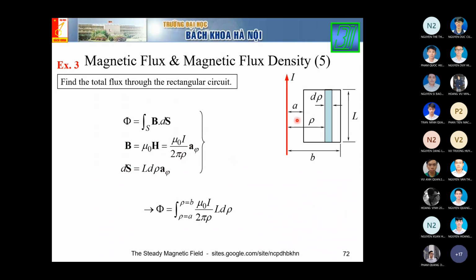And to cover the whole rectangle here, we have to move the thin rectangle here from the left to the right. And during that movement, the variable here is the distance from the thin rectangle to the current, and that distance is rho. So rho here varies from A to B, and we put the two ends into this integration, as you can see here. There you are. And I think you can find by yourself this very simple result.